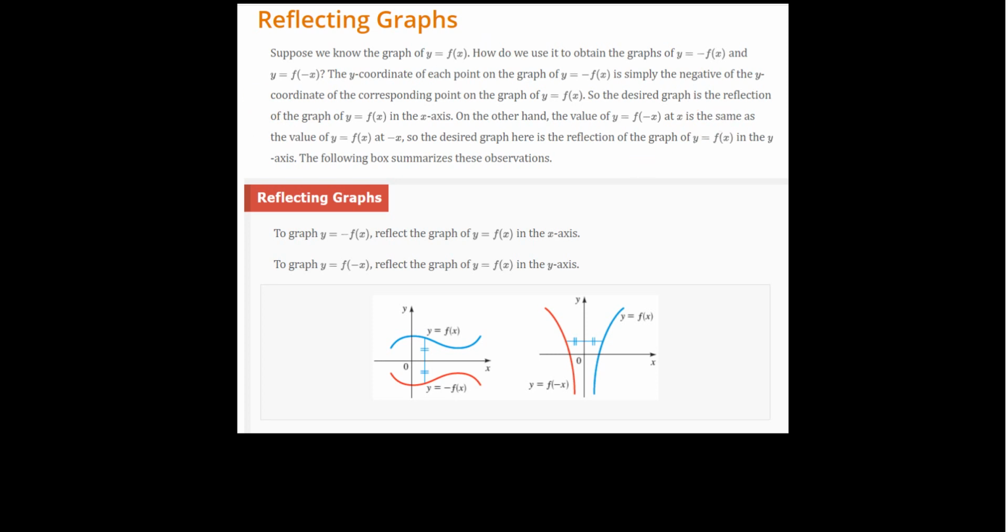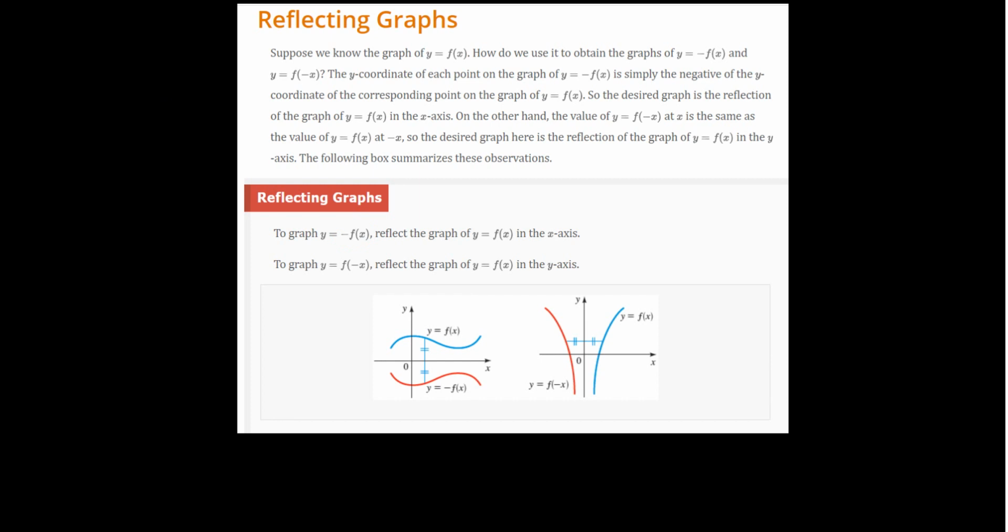You want to know the actual meat of this, and we'll see it here. Reflecting graphs. If we have y is equal to negative f of x, the negative of the parent function, then we're going to be reflected about the x-axis. Let's think about this.